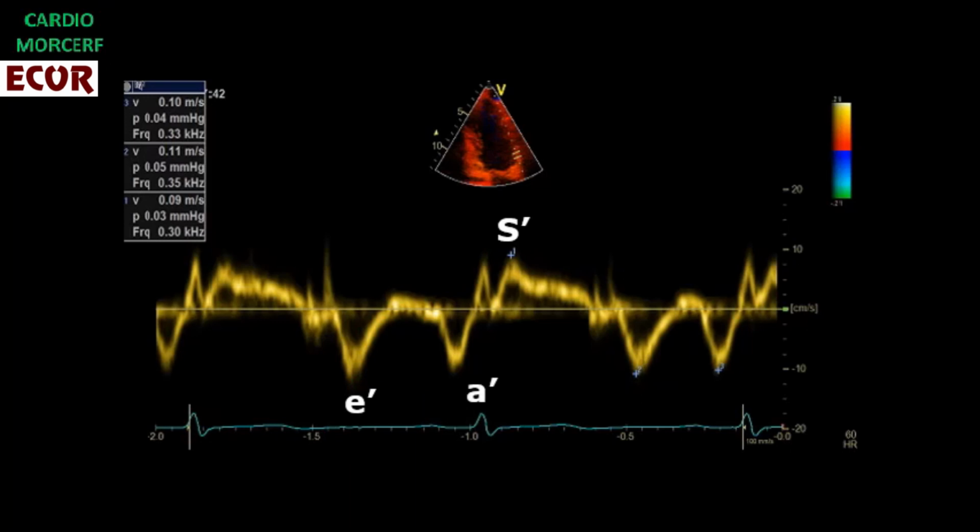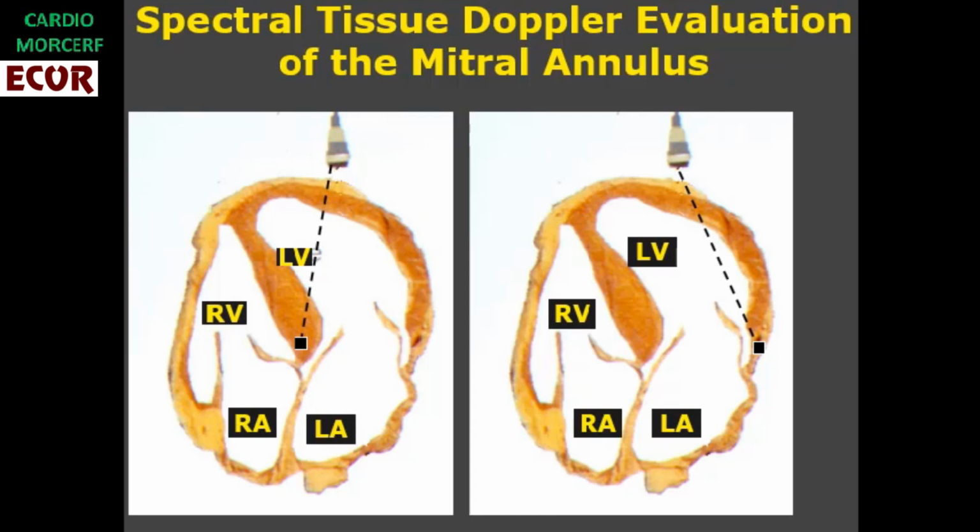It usually is more often analyzed in this region of the lateral wall than at the IVS, but the velocities are different if analyzed here at the lateral wall or there at the IVS. That's one of the problems with it. It should represent the global diastolic function of all the left ventricle, but it doesn't.